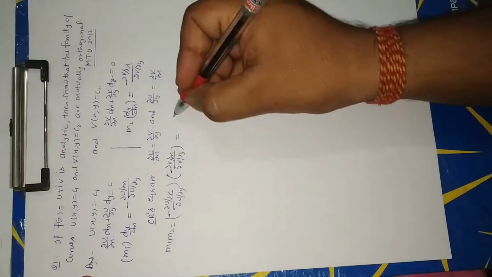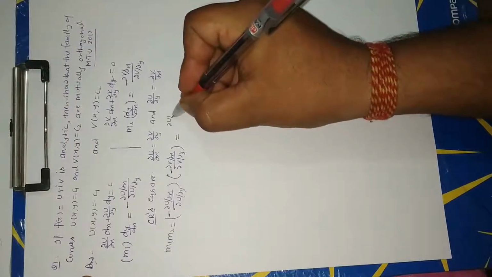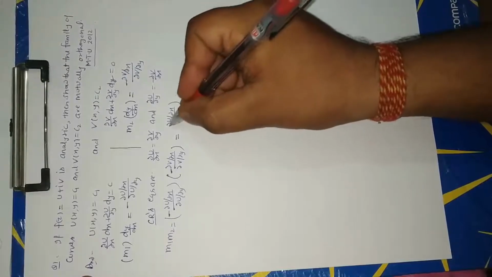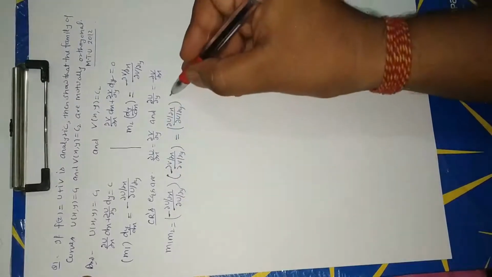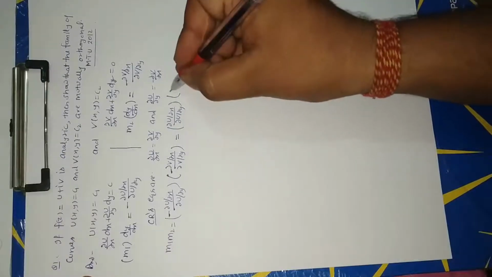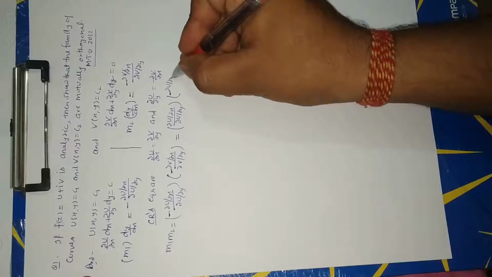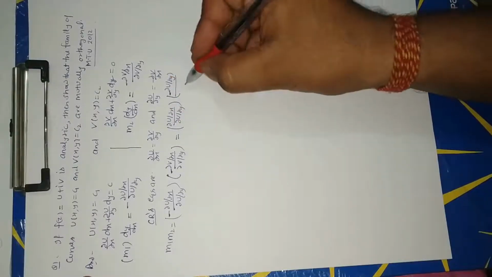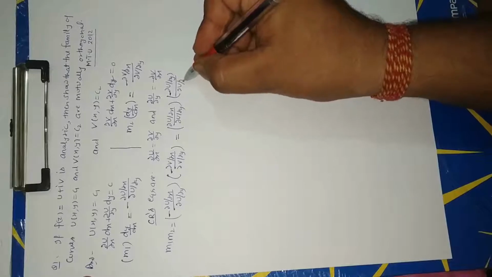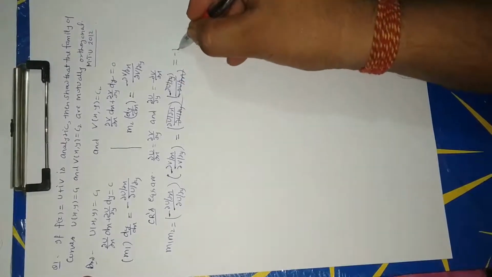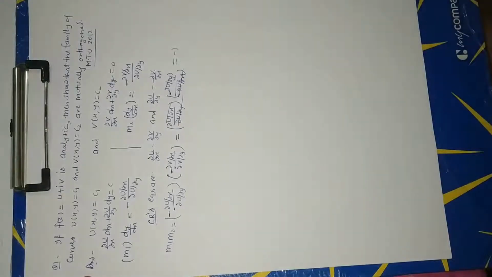Now u is the same, ∂u/∂x upon ∂u/∂y as it is, minus plus. Now putting the value, ∂v/∂x is equal to -∂u/∂y and ∂v/∂y is equal to ∂u/∂x. This cancels by this, and this cancels by this, and the result is equal to -1. This is the condition of orthogonality.